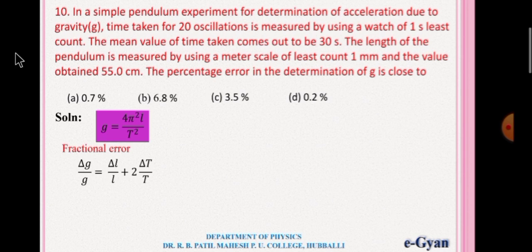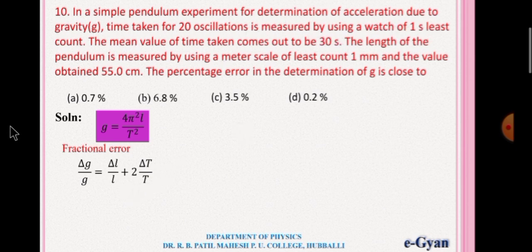As per the question, delta L is equal to how much? 1 millimeter, which we have to convert into centimeter. That will be 0.1 centimeter. And the value of L is 55 centimeter. Delta T is the least count of the watch, that is 1 second, and T is 30 seconds.